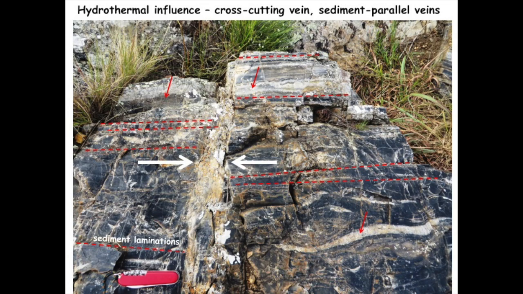The grain size is about 5 to 10 microns. And obviously, in order to infiltrate a rock like this, to break it apart, it has to be lithified. So we're looking in this case at sediments that were already silicified and lithified.